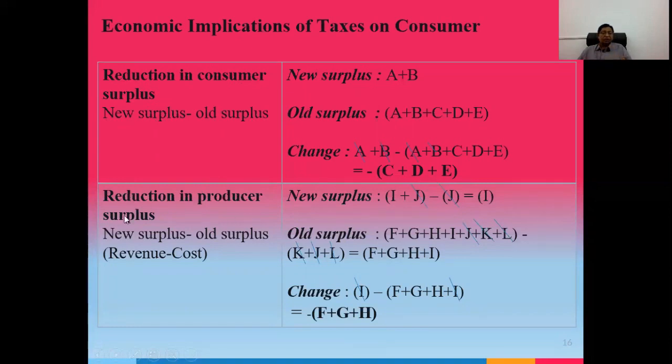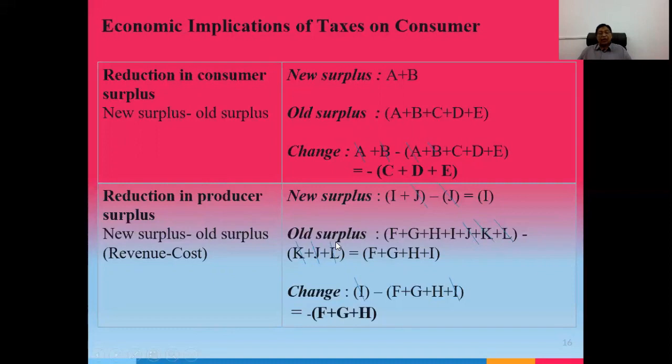Then reduction in producer surplus. Again, new surplus and the difference between new surplus and old surplus. As I earlier explained, producer surplus is the difference between producer's revenue and variable cost. Then old surplus is the difference between producer's income and cost of production.